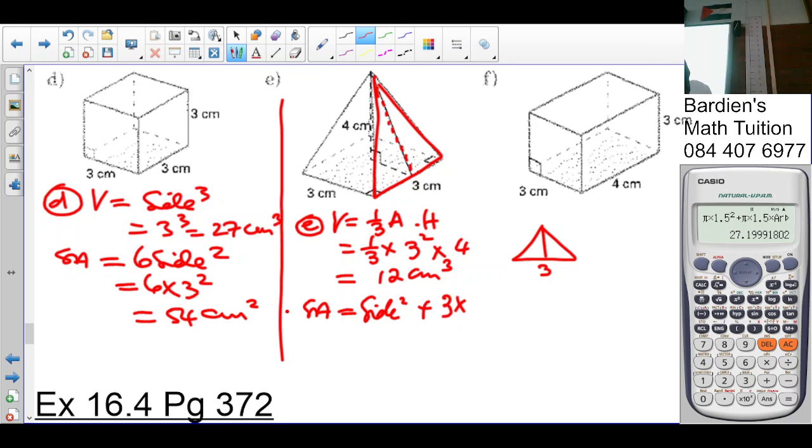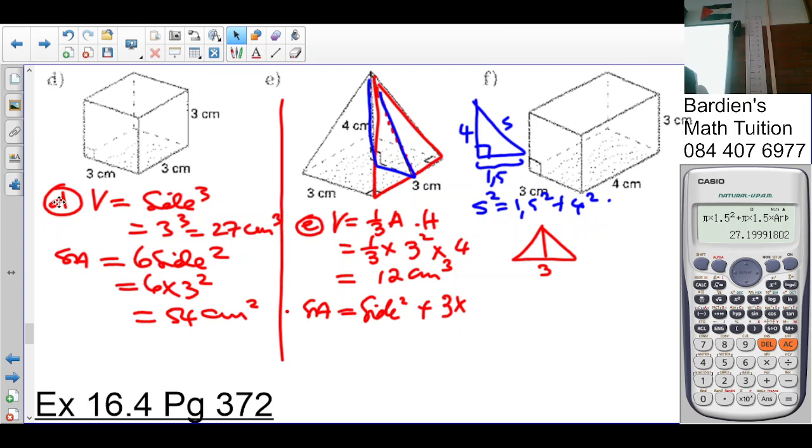So I'm going to use Pythagoras to calculate that height. By looking at this triangle here, so it looks like this here. With the height being 4, what would this length here be? 1.5. And the slanted height, let's call that S for now. So again, it's going to be S squared is equal to 1.5 squared plus 4 squared. I think that was the same triangle that we just worked on there.